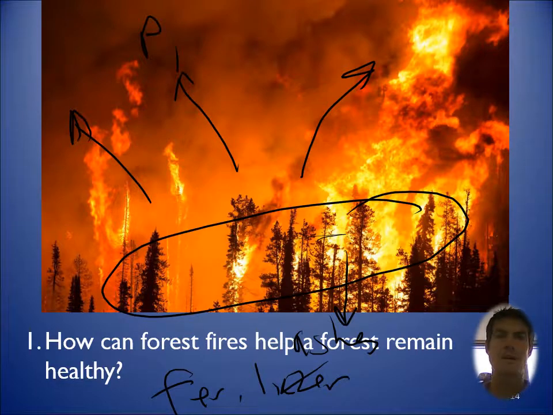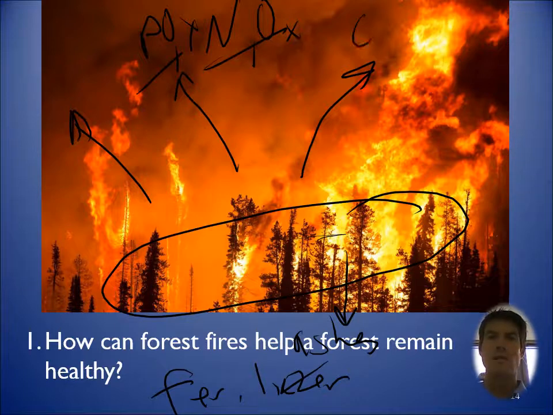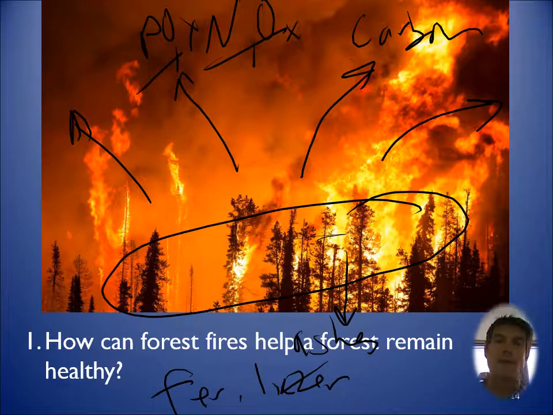So phosphates, nitrates, NOx, POx, NO3, NO2. That's why we put the X there. So phosphates, nitrates, and then there's carbon, and carbon dioxide being released. So those can spread around the world and then fall, in the case of carbon, being brought in by plants and help to grow new plants in other places.